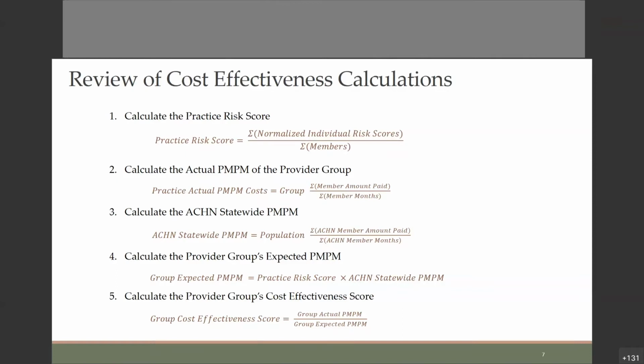This is, given somebody's clinical profile, what you would expect somebody to cost. And then from there, we calculate the provider group's cost effectiveness score by taking their group actual PMPM, which was calculated in step 2, and dividing it by the group expected PMPM, which is calculated in step 4.